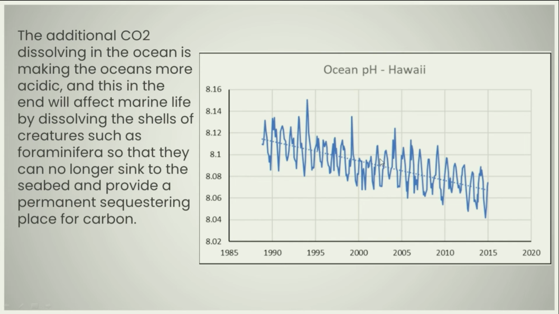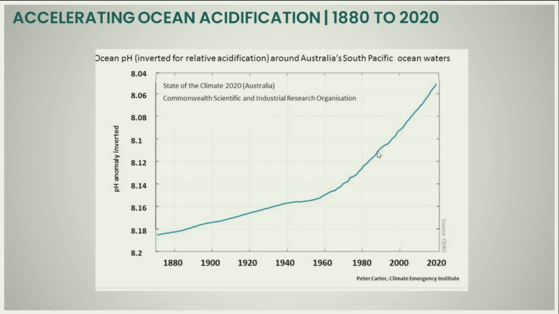But if we look instead at acidity, here it is going up, and this is the ocean acidification has been going on since 1880 because ocean measurements have been done since then, and it's accelerated in recent years, since 1960, and this is because an acceleration in the amount of carbon dioxide in the atmosphere is giving you more acidity in the ocean.